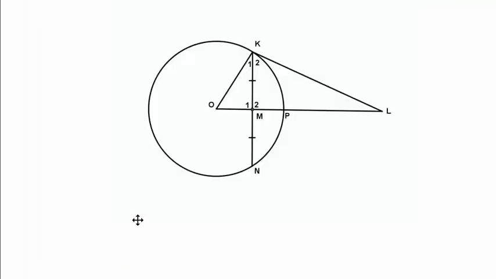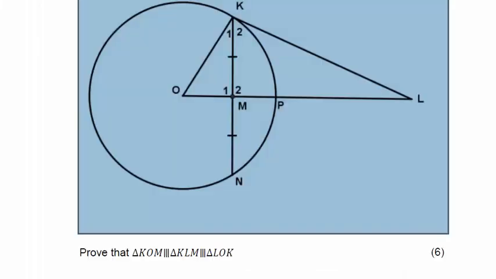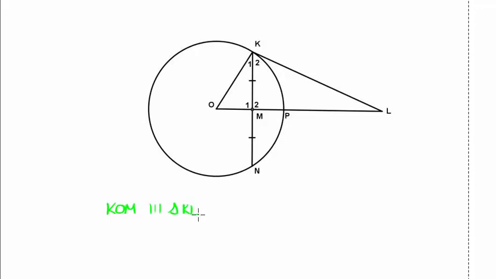So again, it's just going to come down to proving that triangle KOM is similar to triangle KLM is similar to triangle LOK. Which just means I must show that angle KOM, so there's KOM, so I must show that K1 is equal to KLM.